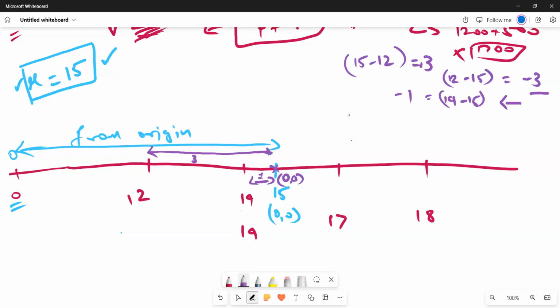This minus 1 is basically 1 unit of distance on the left-hand side, or in the negative direction. In a similar way, the point 17 is present at 2 units of distance, and 18 is present at 3 units of distance from the origin.